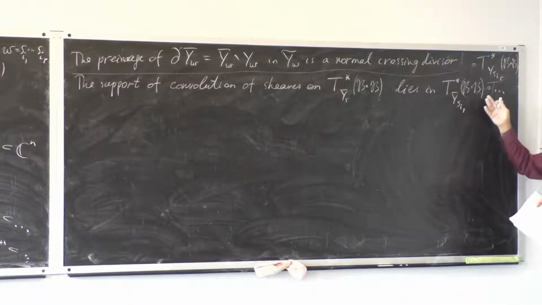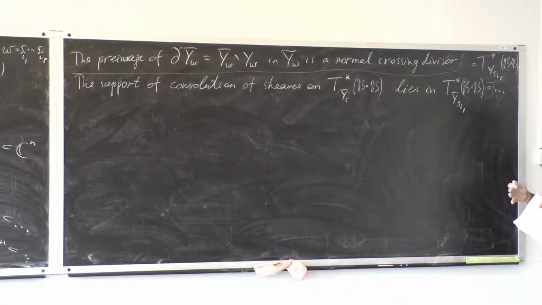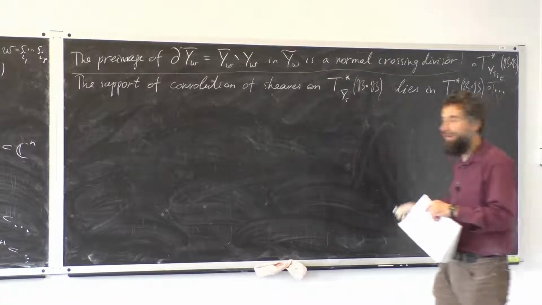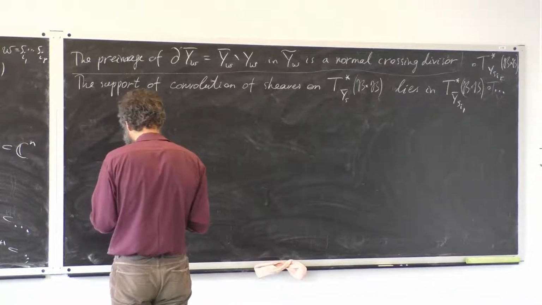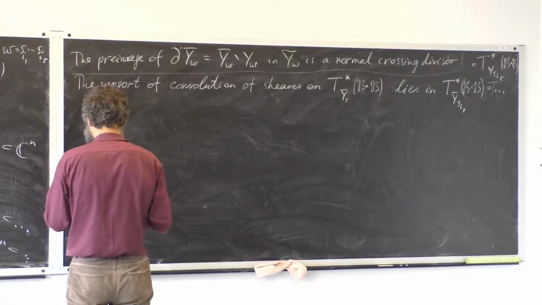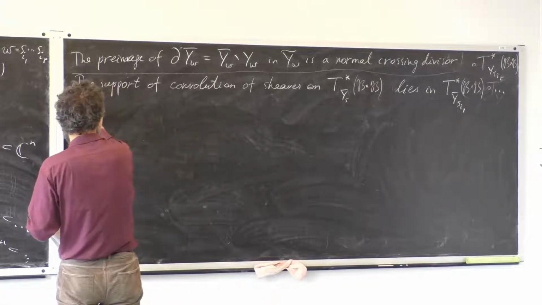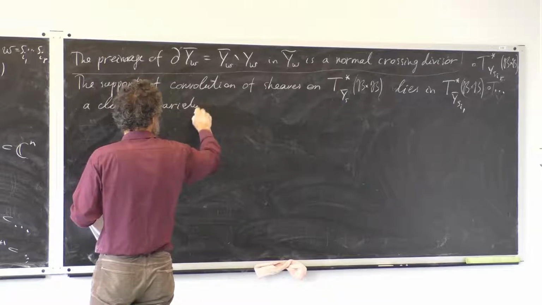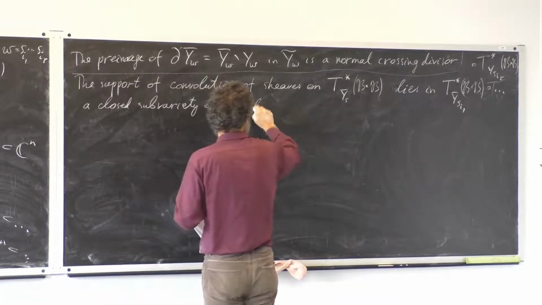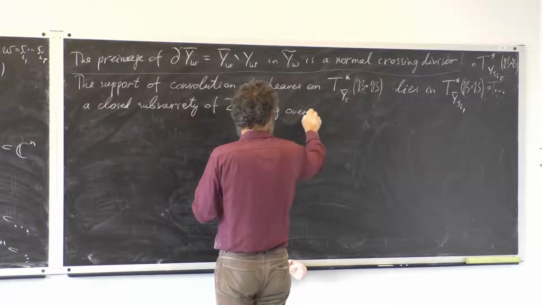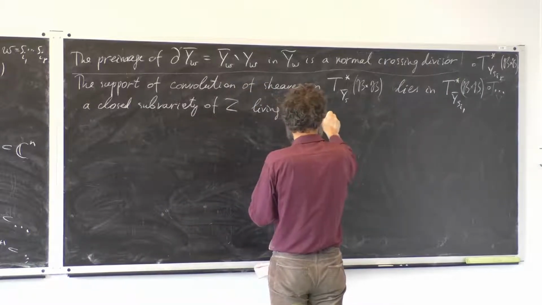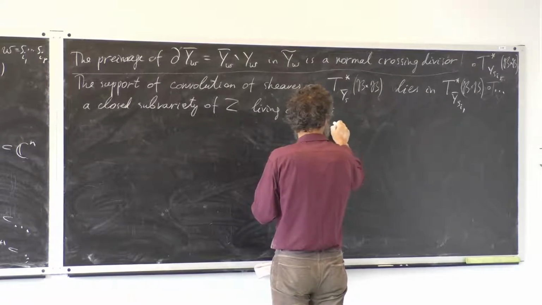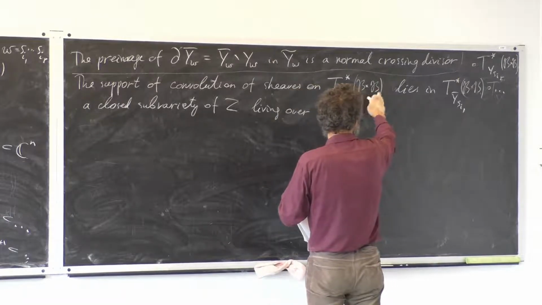But certainly the supports just intersect when you tensor, and this circle means the intersection of things in the ambient variety, and this will be a closed subvariety of C, living over the corresponding thing in the base.